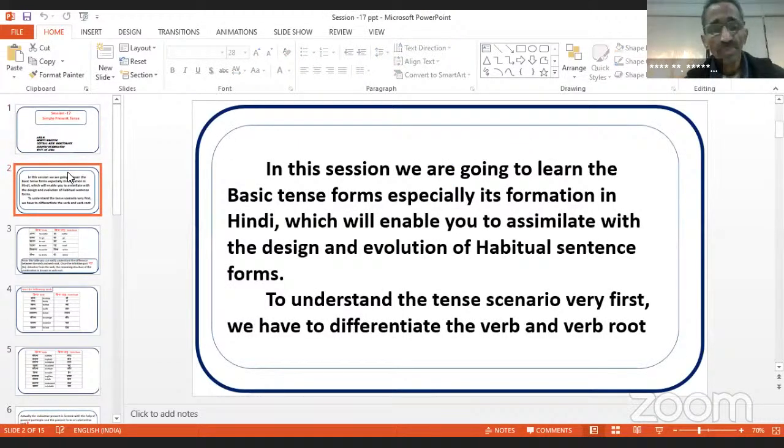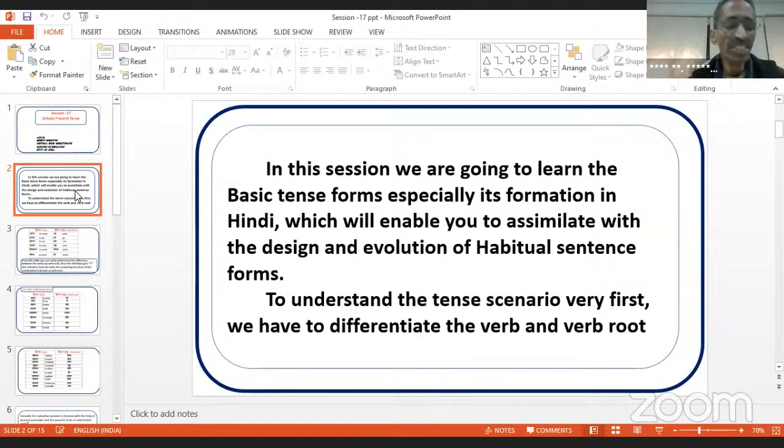So today in this session, we are going to learn the basic tense forms, especially their formation in Hindi, which will enable you to assimilate with the design and evolution of habitual sentence forms.